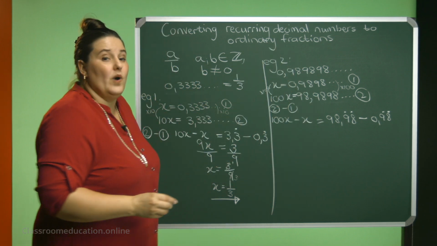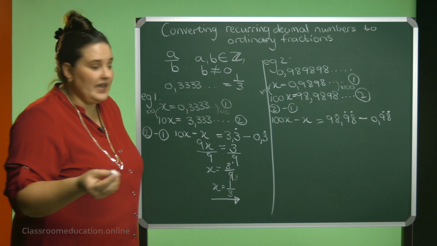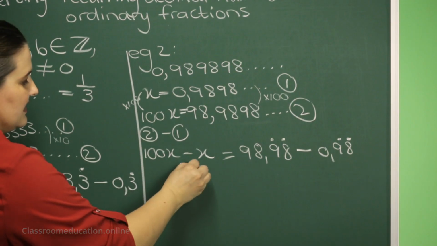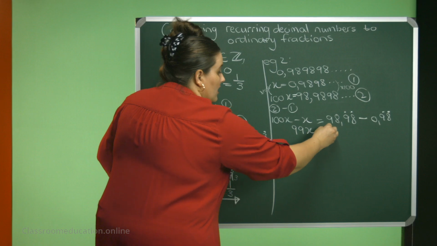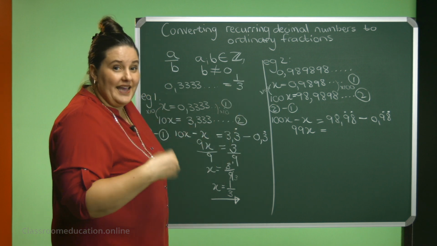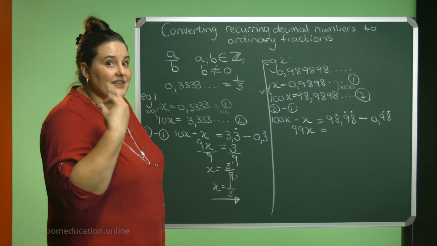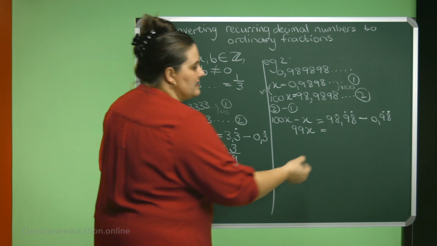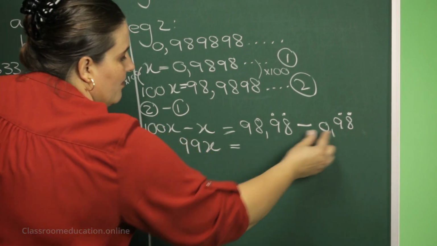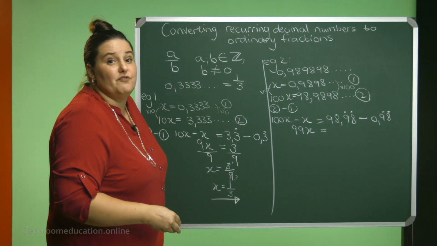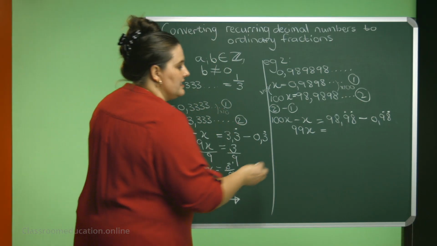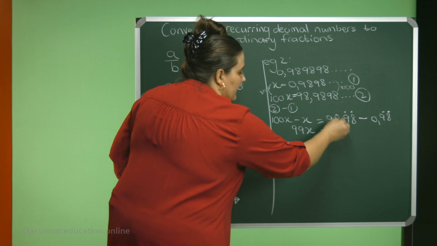Okay. What is 100x minus x? It is 99x. What is 98,98989898 minus 0,989898? You can see that the recurring part behind my comma will fall away. So the answer is actually 98.